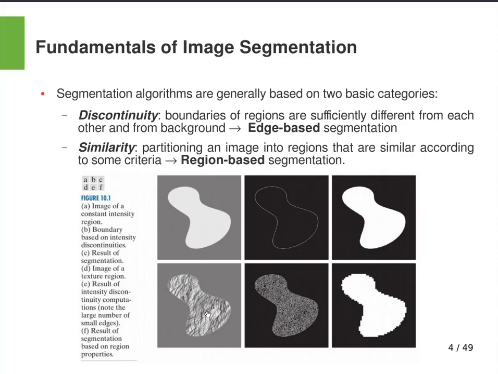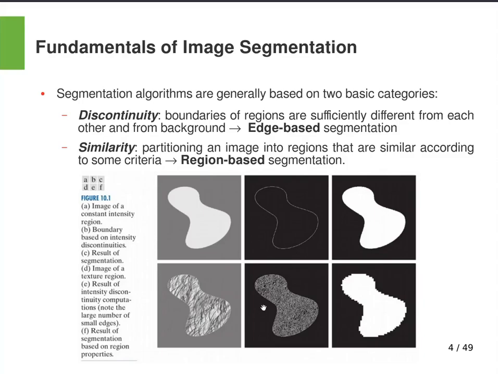Now to do the segmentation, one idea is to calculate the edges in the whole image, and then do the segmentation based on the calculation of the edges that we see in the image.